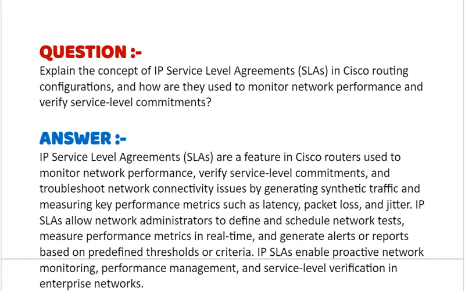IP SLAs allow network administrators to define and schedule network tests, measure performance metrics in real time, and generate alerts or reports based on predefined thresholds or criteria. IP SLAs enable proactive network monitoring, performance management, and service level verification in enterprise networks.